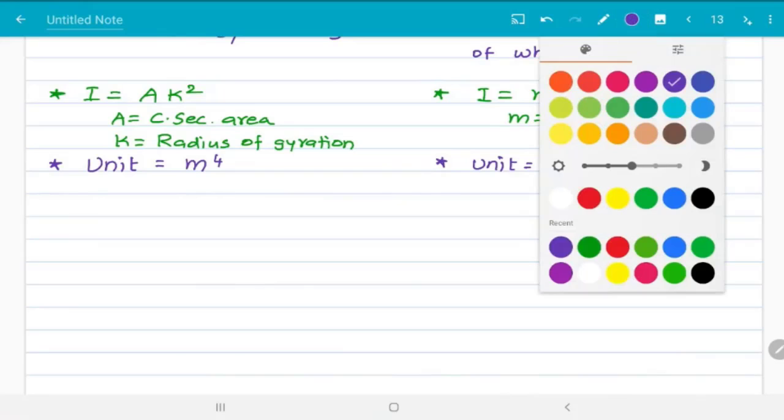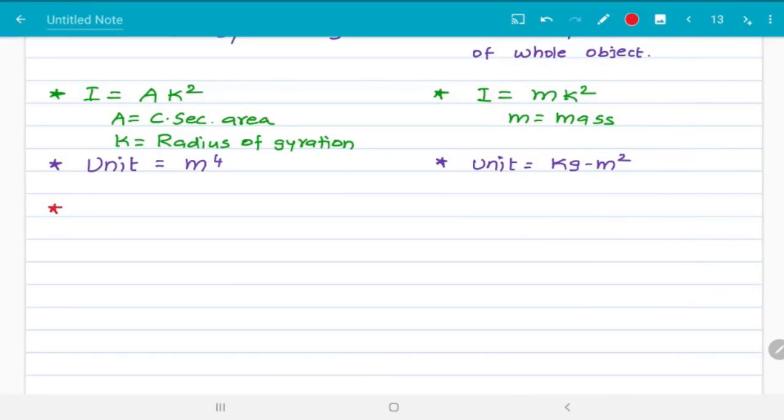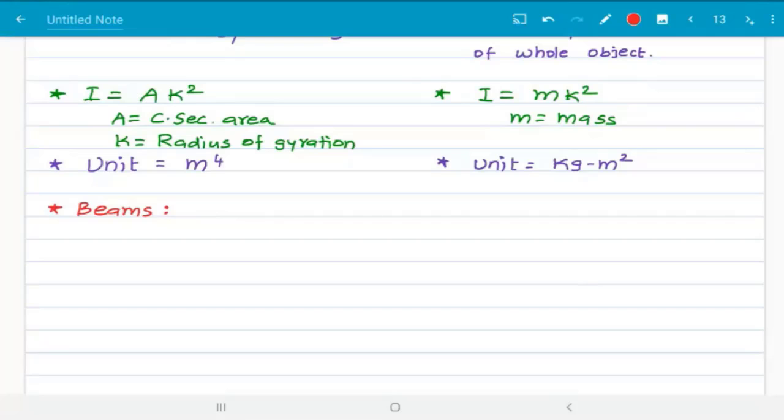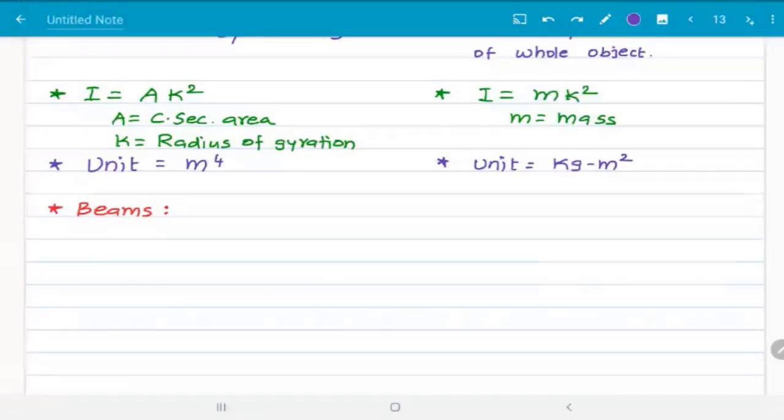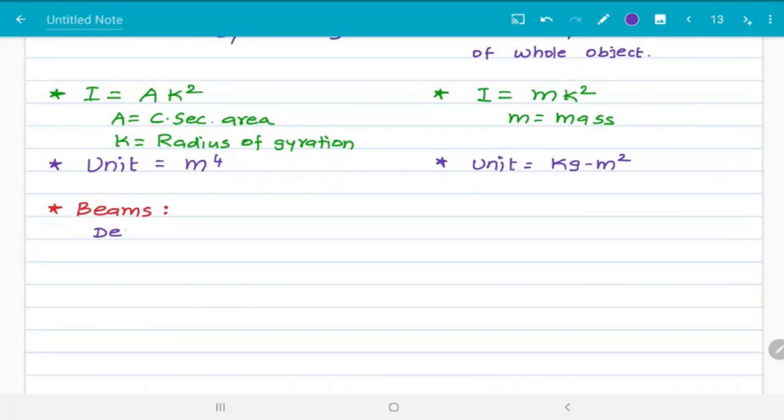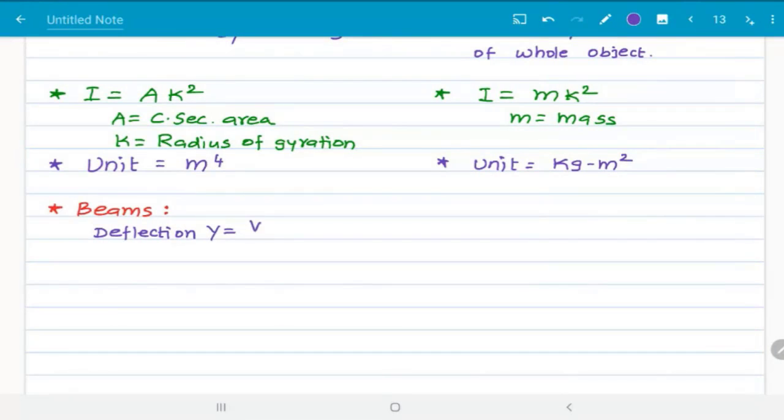Then applications. In case of beams, where are we using the moment of inertia formula? Deflection y is equal to W L cube by 3 E I. Have you seen this formula?